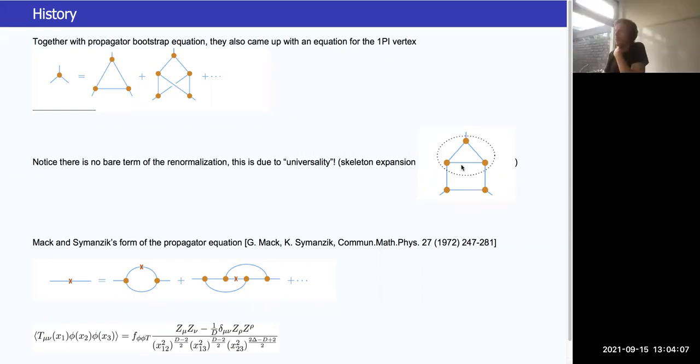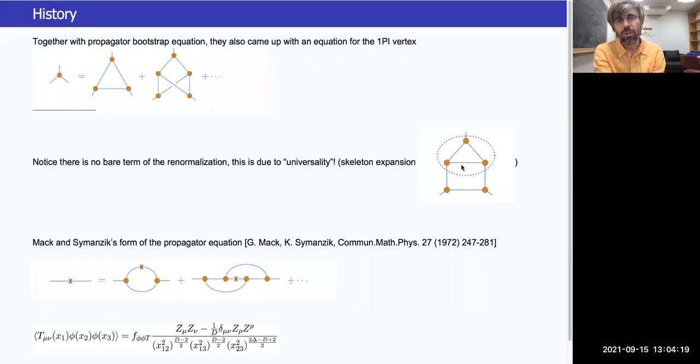Wait, why is the IR piece conformal? Are we close to, are we doing a 6 plus epsilon expansion? Yeah, for phi cube theory. You're assuming from the start that you're doing some theory which flows in the IR to a CFT and starts in the UV as phi cube.